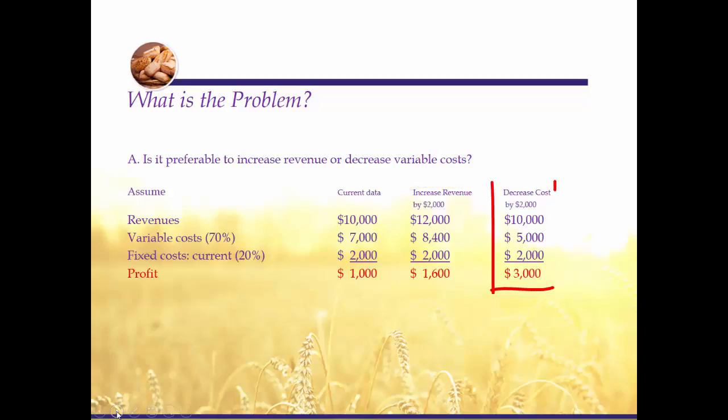But by decreasing the variable costs by $2,000, we increase the profit by $2,000. So $3,000 minus $1,000 is $2,000, right? So by looking at this, we can say comfortably that it's better to reduce labor and food costs than to bring in a few more customers.